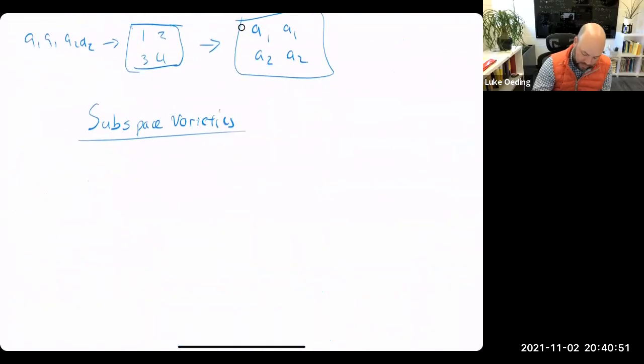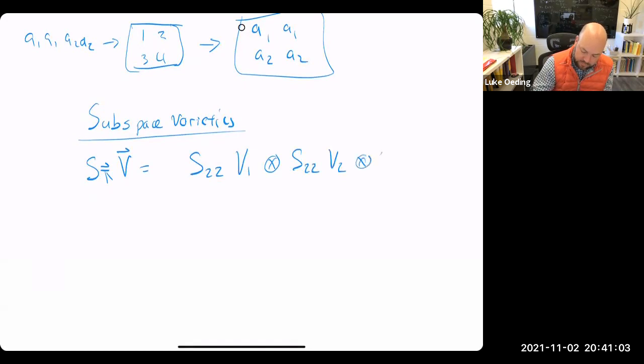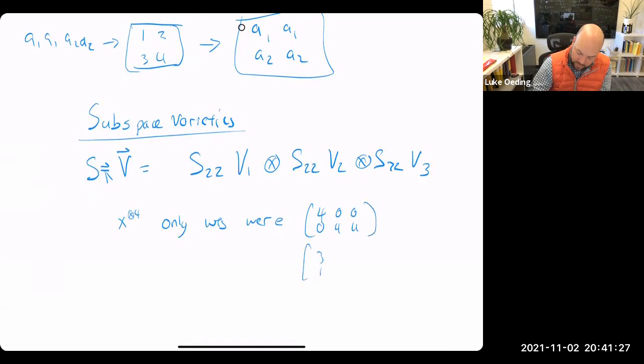Okay, so I'll write it like this. So here's my S pi of V, in my case S2, 2. I'm trying to pair a form with this representation, right? This is my example. And so the only weights were things like 3, 1. Oh, we had this other one where we had 4, 0, 0, 4, 0, 4, something like this, or 3, 1, 3, 1, 0, 4, and so on.